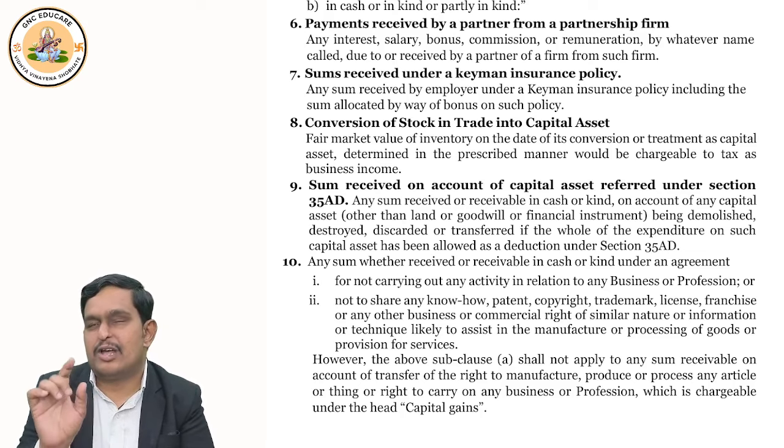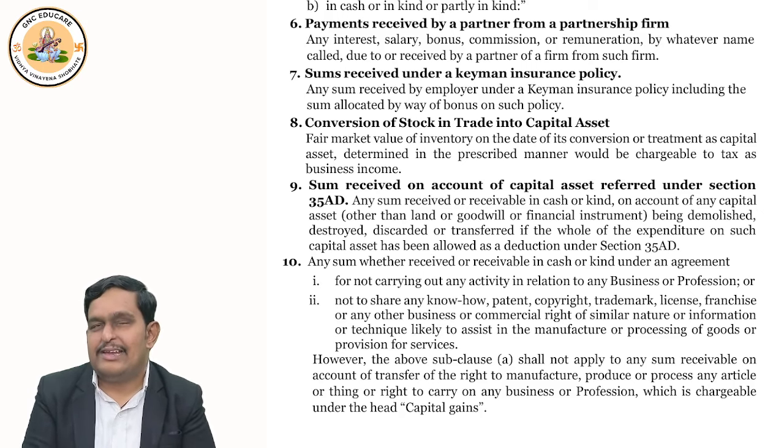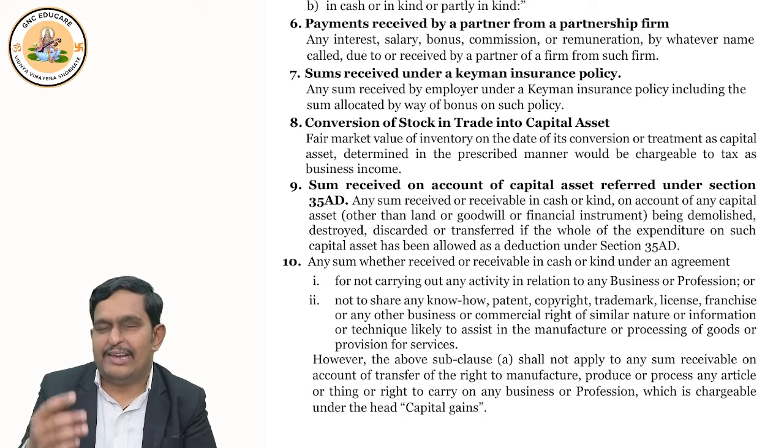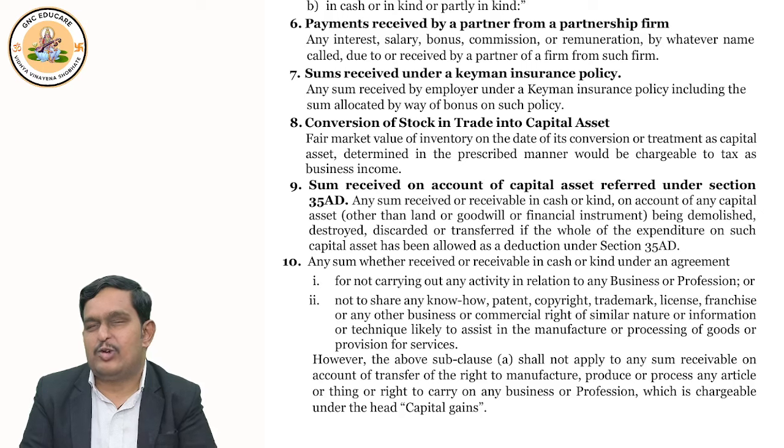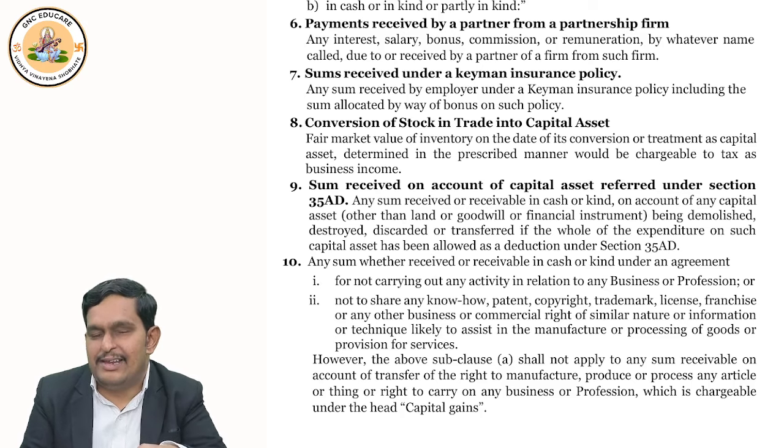Any business or professional income, obviously, is taxed under PGBP. Any compensation if the MD is removed, wherever he may be, but it should be either an Indian company, or if it is a foreign company, the MD should be for India, or if it is an agency, the agency must be in India.